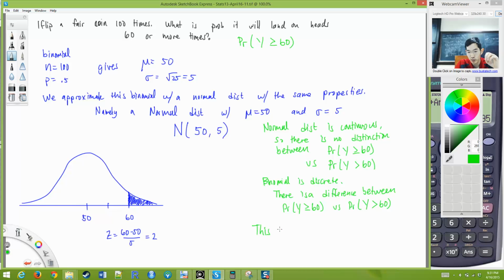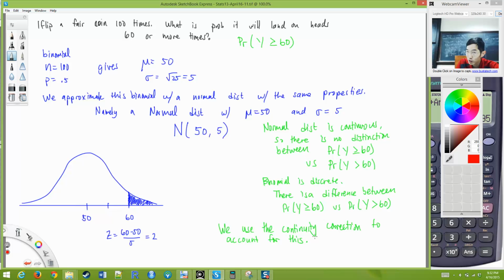So we use the continuity correction to account for this. Okay, so an important note: we use the continuity correction only when you're trying to approximate something discrete, like the binomial, with something continuous, okay?